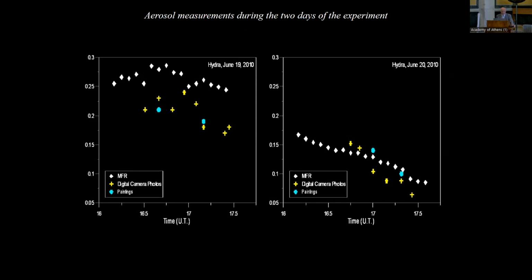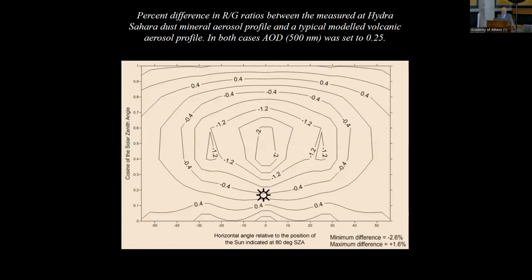You can see that the increase in the paintings of Tetsis followed the increase of the optical depth there. And then the decrease that followed is characteristic. You have a sharp and strong reduction in the day after.